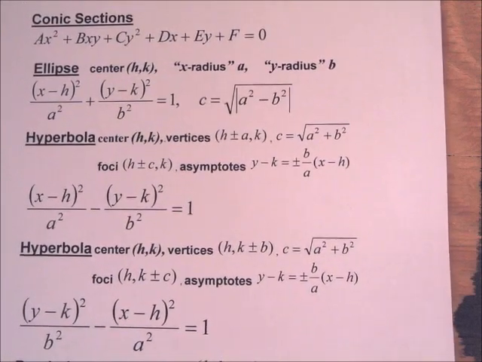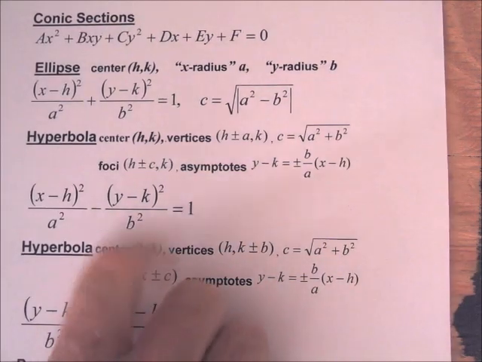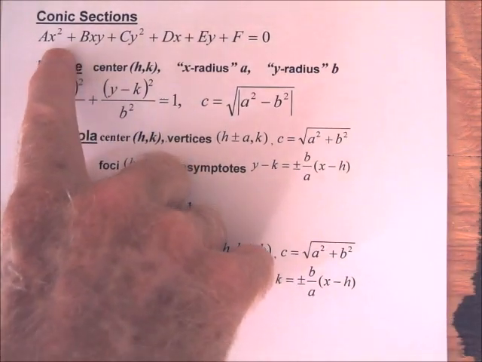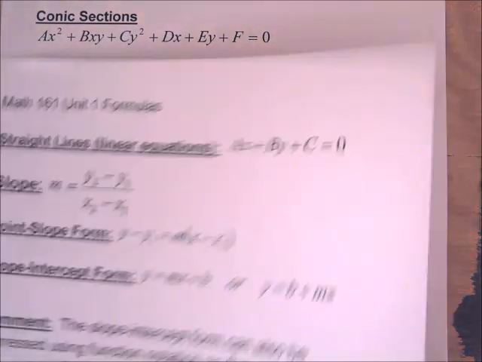The other formulas are all under the category of conic sections, because they can be represented as the intersection of a plane and a cone, and they are ellipses, hyperbolas, and parabolas. So conic sections are degree 2 equations. For the straight lines, we had a degree 1 equation.